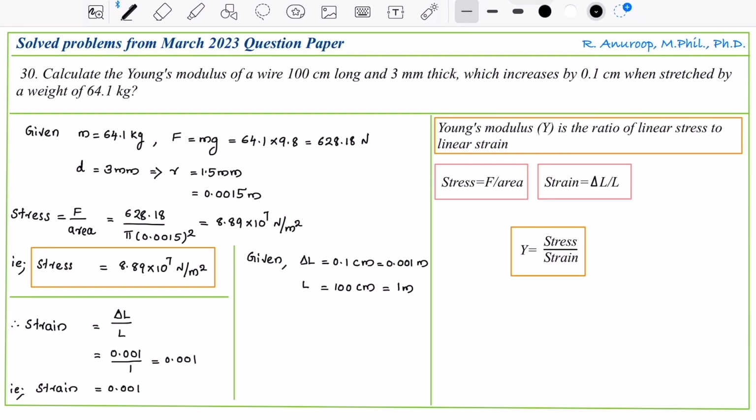Once we have the stress and strain, we can calculate the Young's modulus.